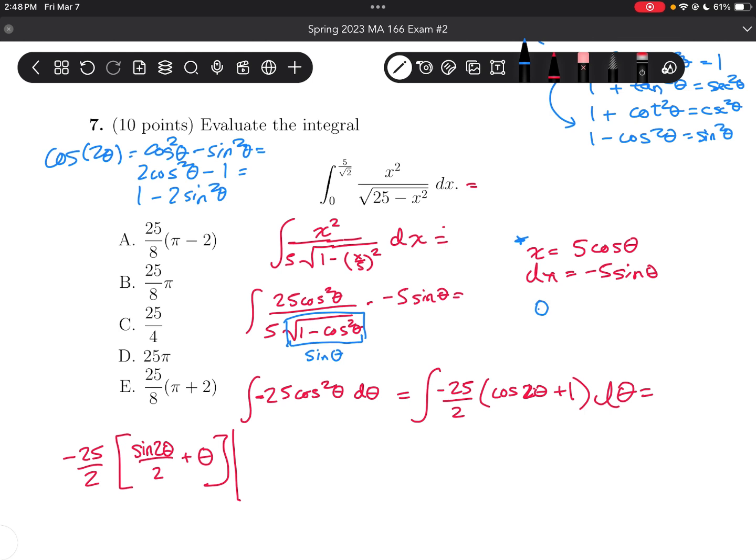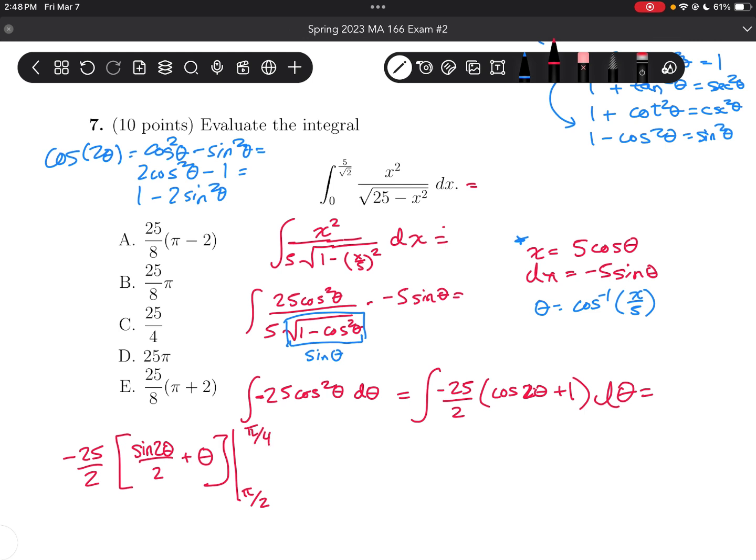The way we do this is first I'm going to write theta in terms of x. So theta is equal to the arc cosine of x over 5. And now I plug these two values into this equation. If I plug in 0, I get my lower bound to be pi over 2. And if I plug in 5 divided by root 2, I get my upper bound to be pi over 4.